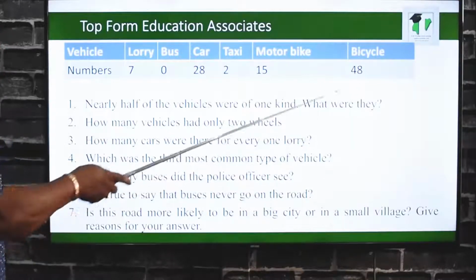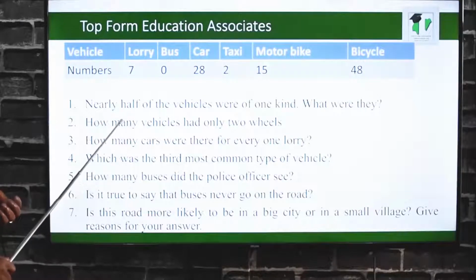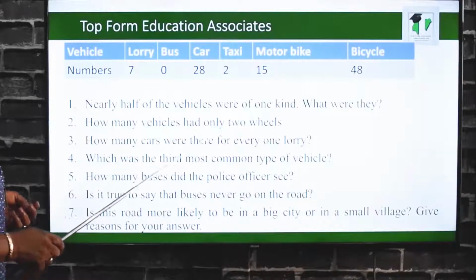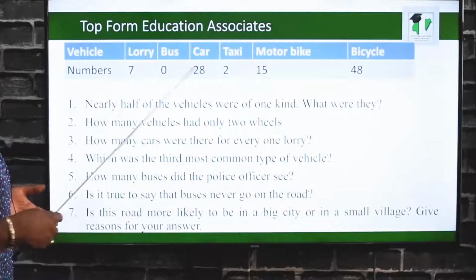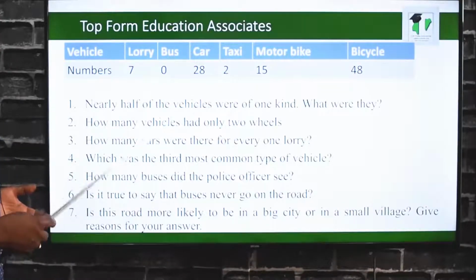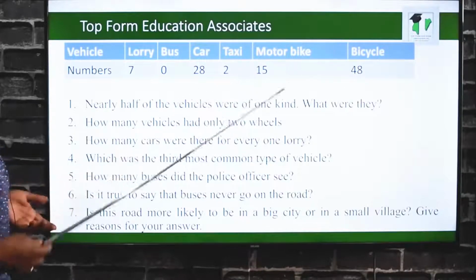So the answer is 48. Question number 2 says, how many vehicles had only 2 wheels? In the vehicles seen by the police officer, how many had only 2 wheels? We have motorbikes and bicycles.